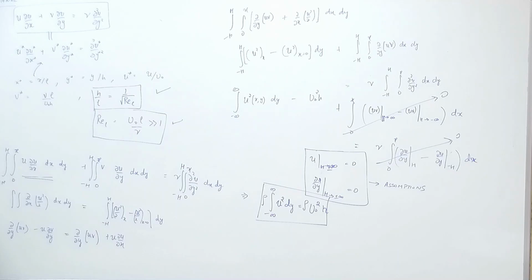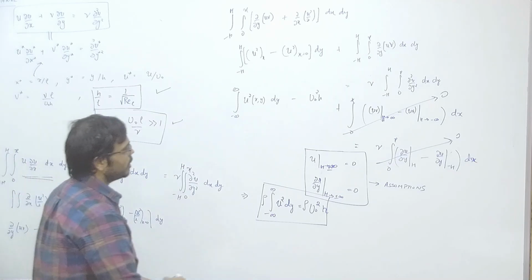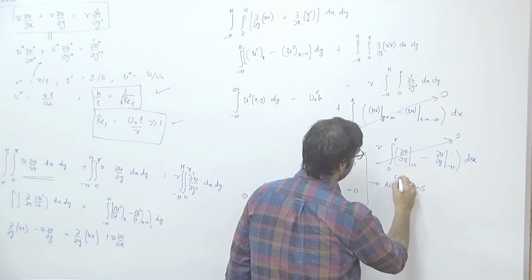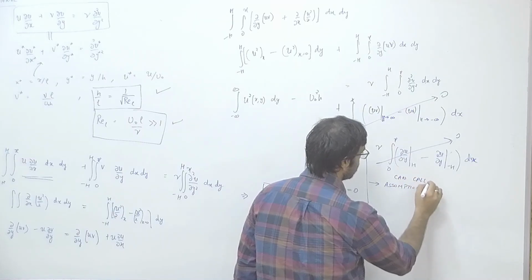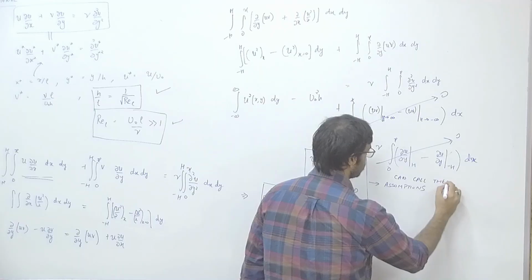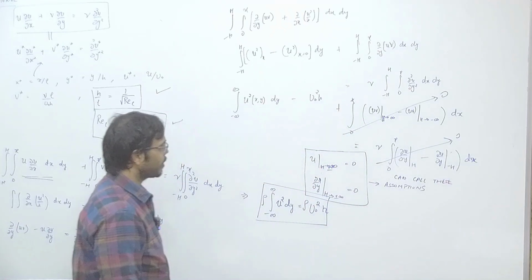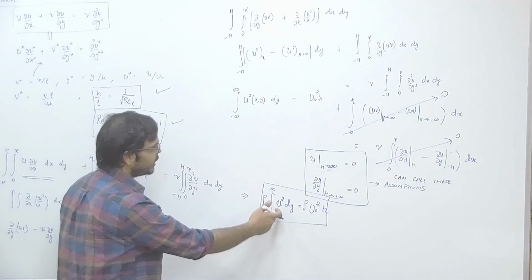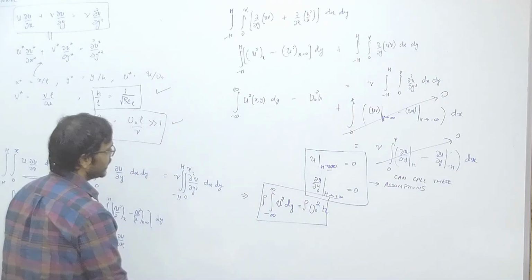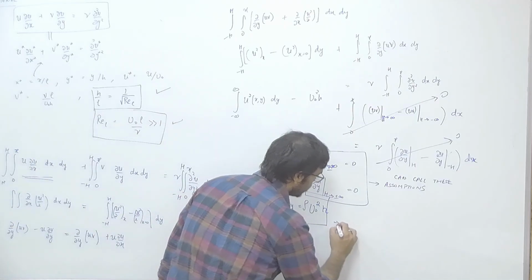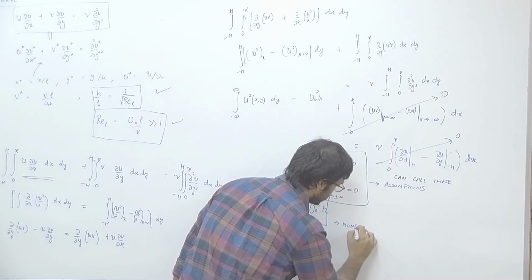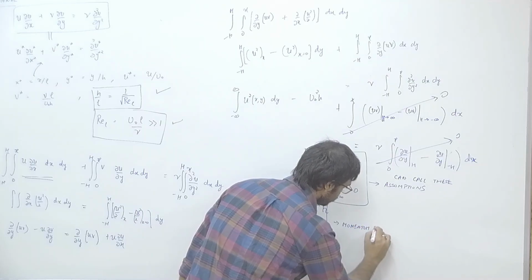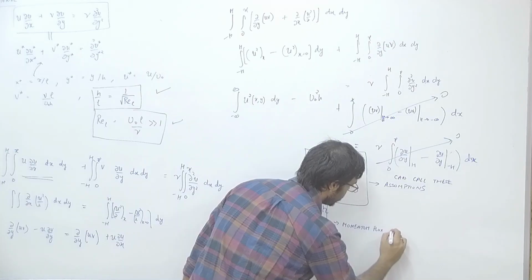You can call these assumptions as well. So the integral of rho u squared dy is rho u naught squared h. So you have momentum flux which is constant in x.